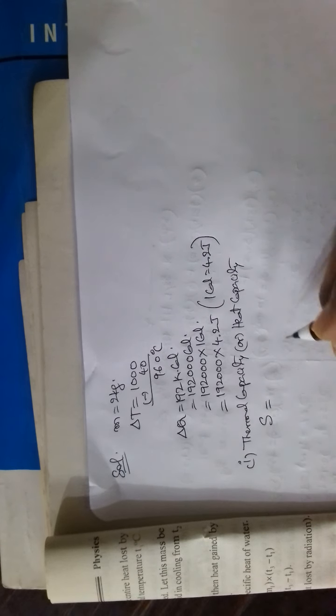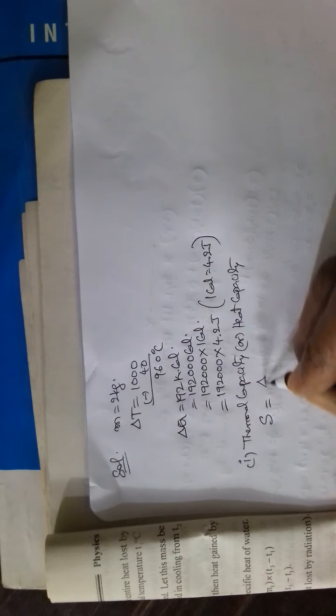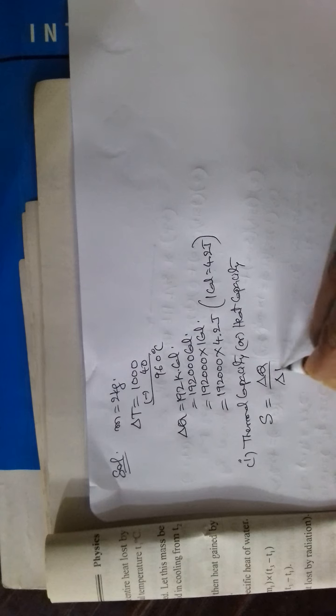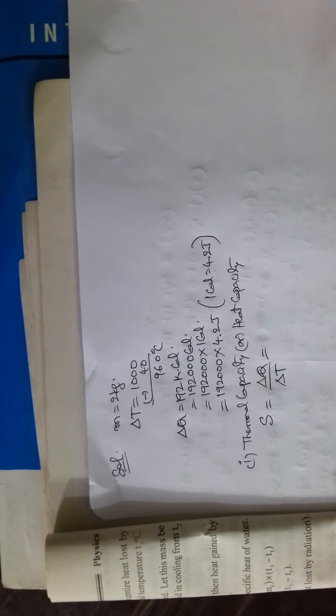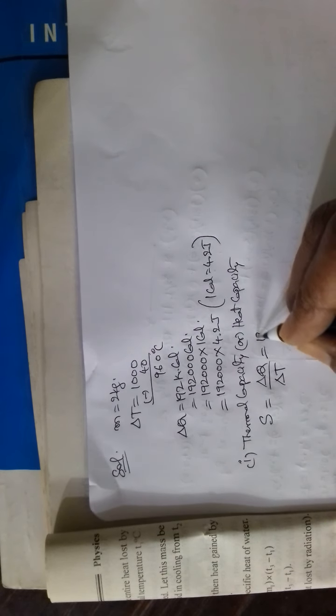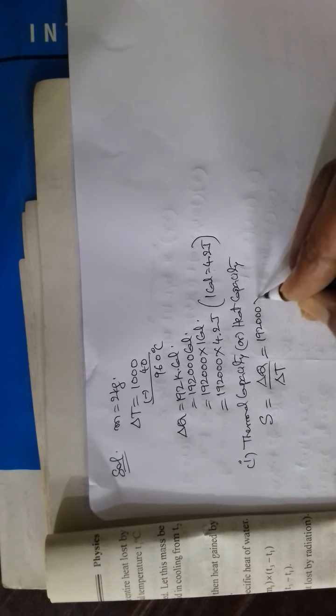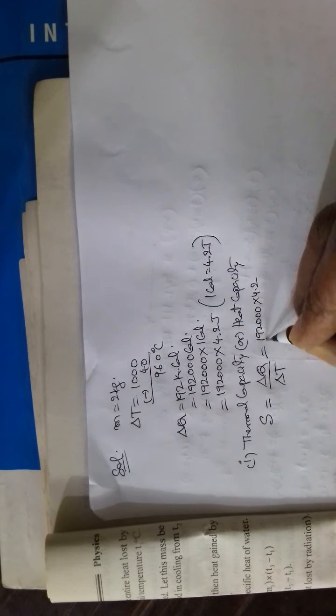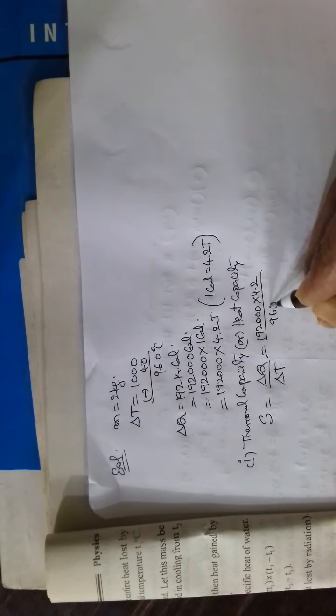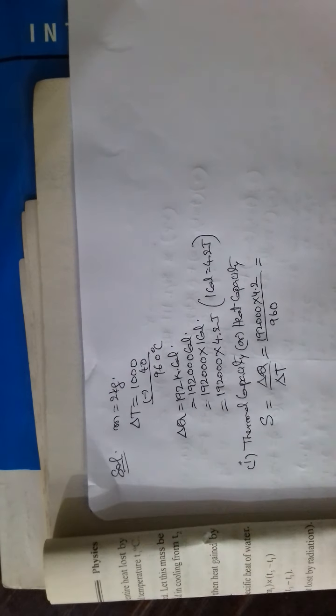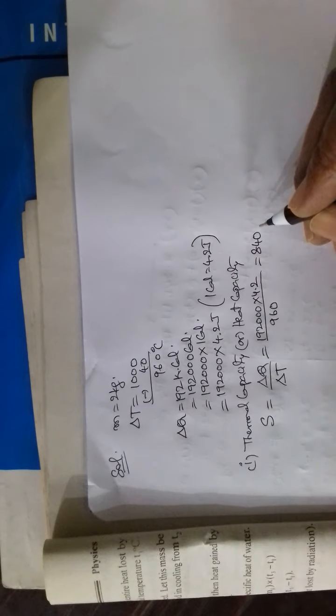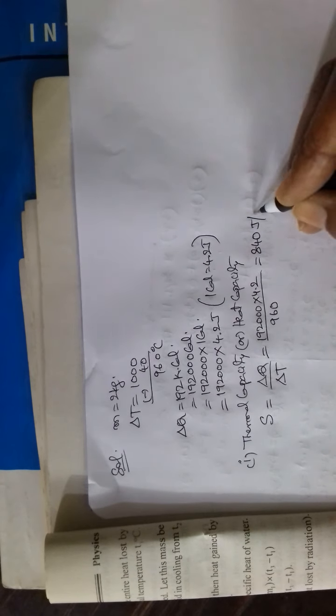Capital S is equal to delta Q by delta T. Delta T is 960. The unit is joule per Kelvin.